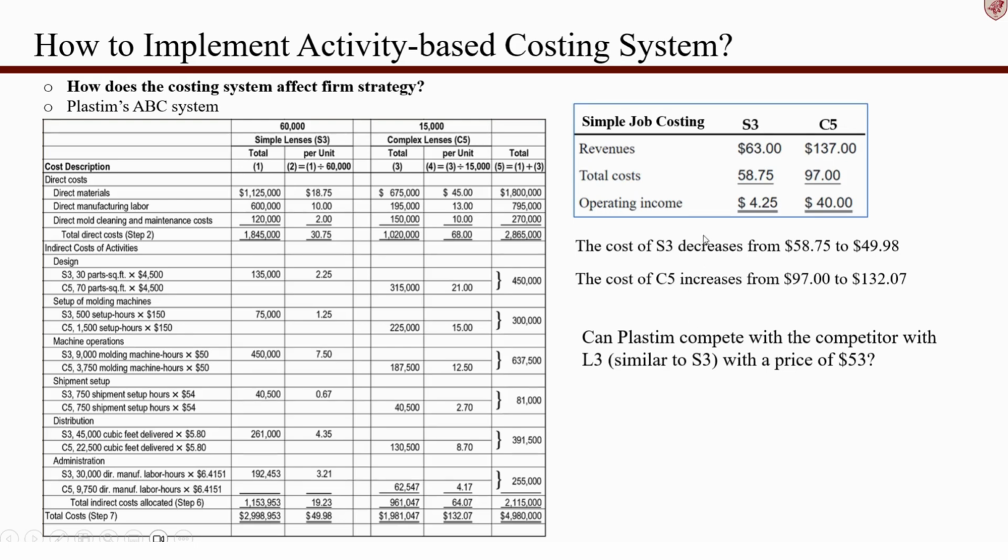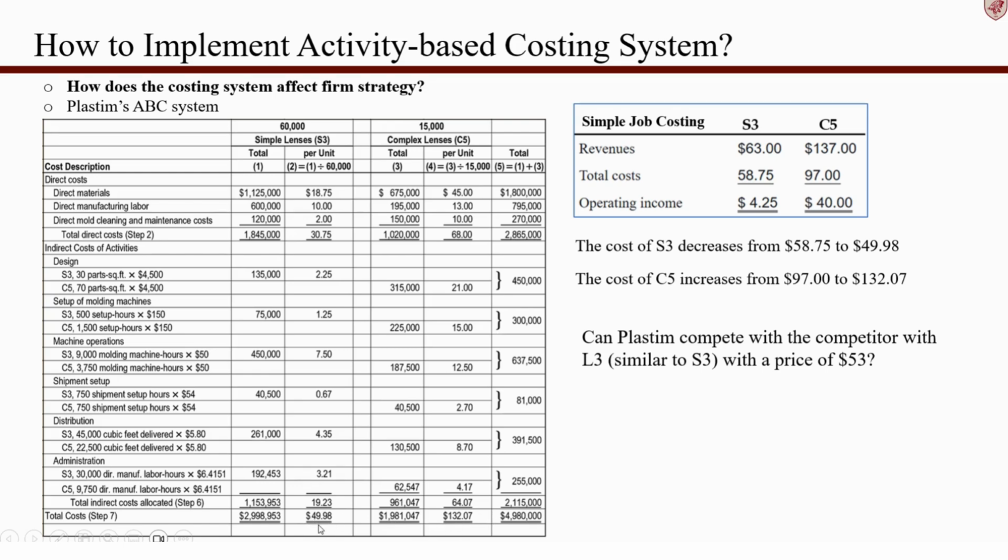So I've just shown you one type of activity cost under all these different indirect costs for simple and complex lens, right? In the end, when we divide into each type of activity and apply the activity rates to each type of lens, this is the total refined cost, right?